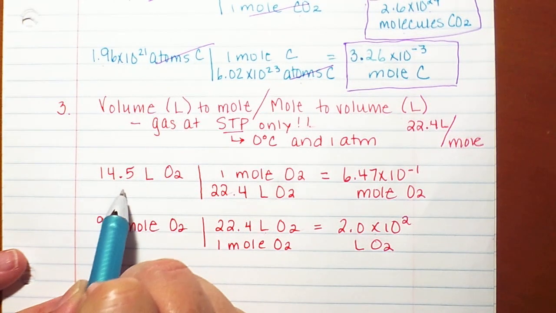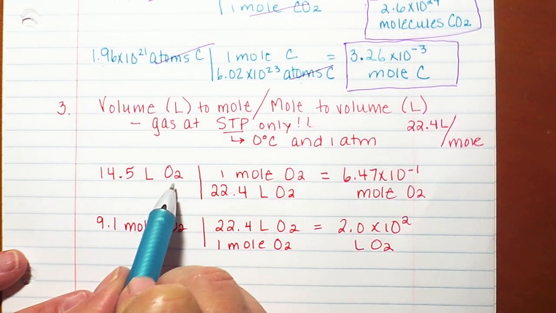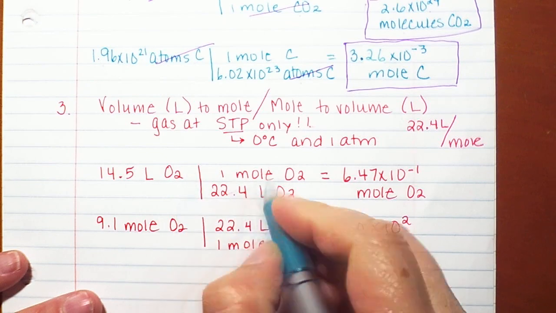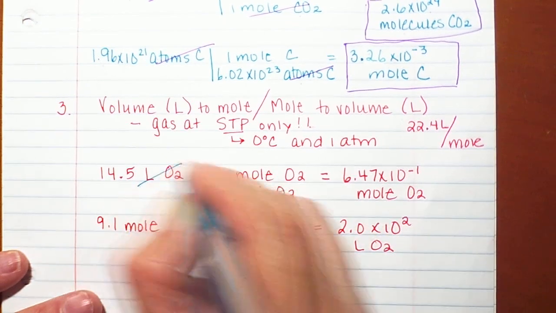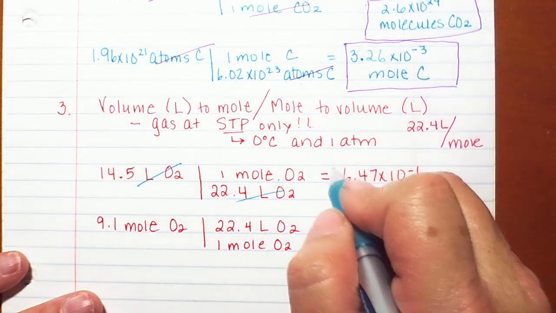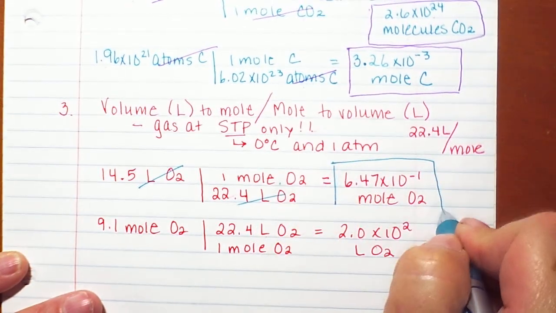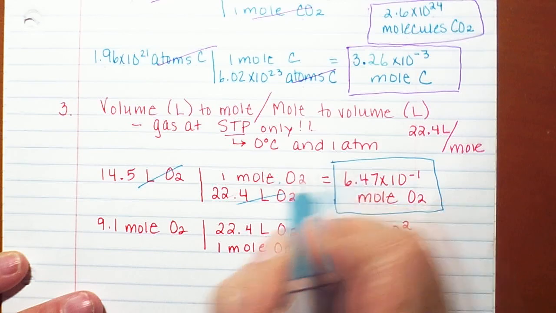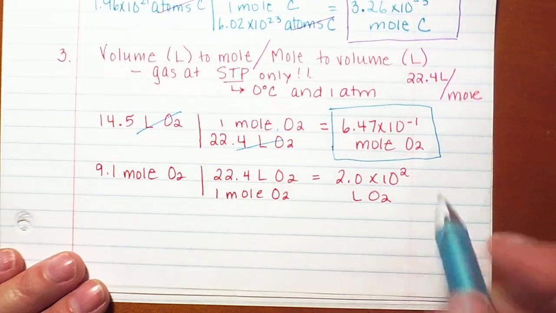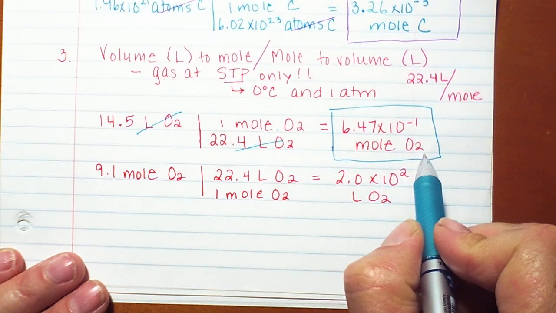So if I have 14.5 liters of O2, I'm going to put my 22.4 liters on the bottom so I can cancel my liters, and that'll leave me with moles on top. When I divide that out, I get 6.47. Notice the 3 digits here and the 3 digits here, times 10 to the minus 1 moles of O2.